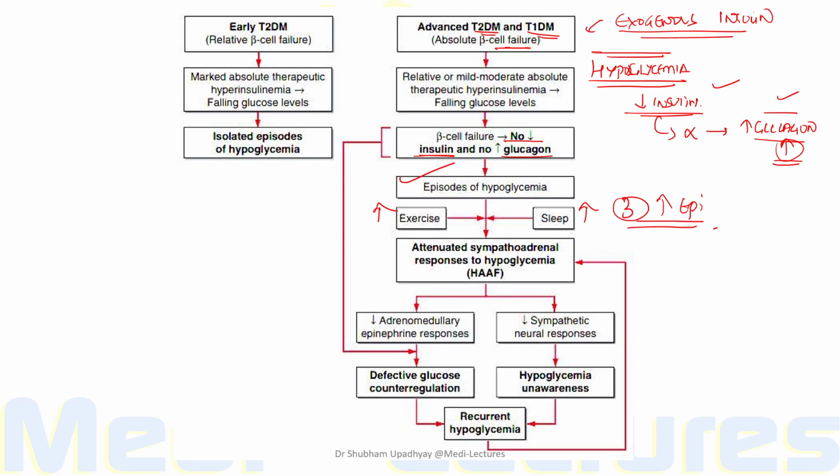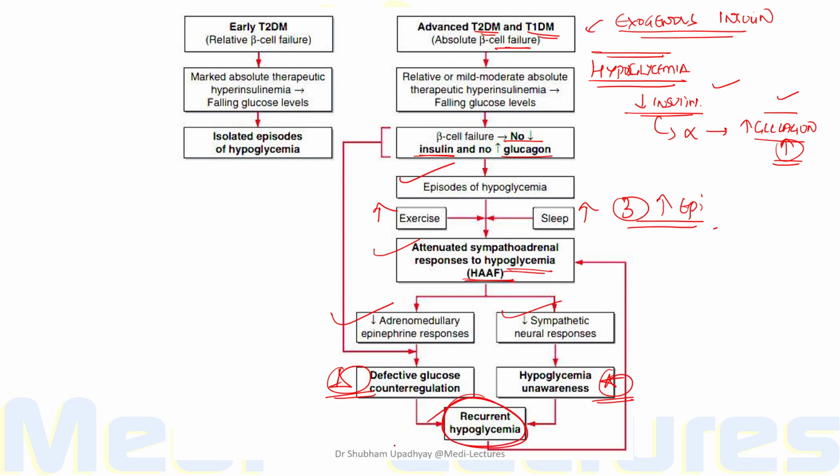This leads to shifting of the glycemic threshold to the lower side for the sympathoadrenal response. So there will be an attenuated sympathoadrenal response to hypoglycemia. This is termed hypoglycemia associated autonomic failure. There will be decreased epinephrine release and decreased sympathetic neural responses. This will lead to defective counter regulation, and at the same time hypoglycemic unawareness.